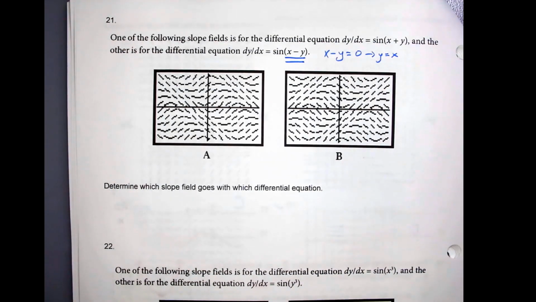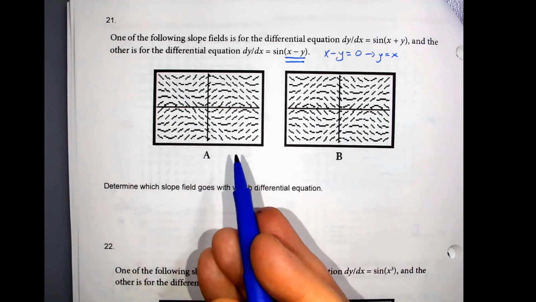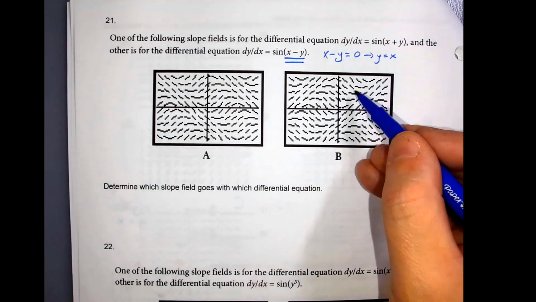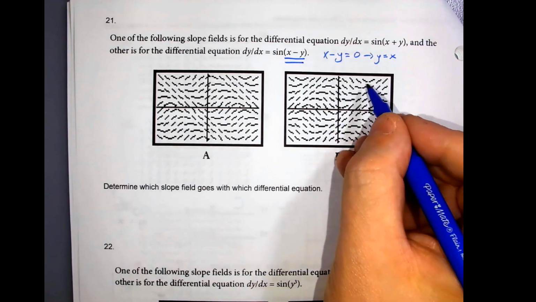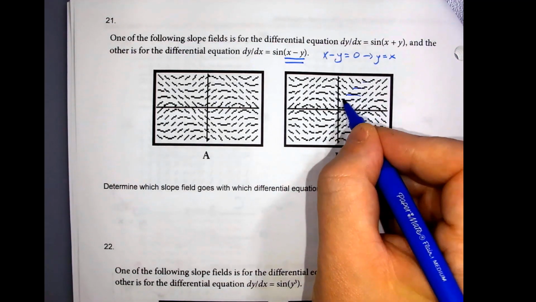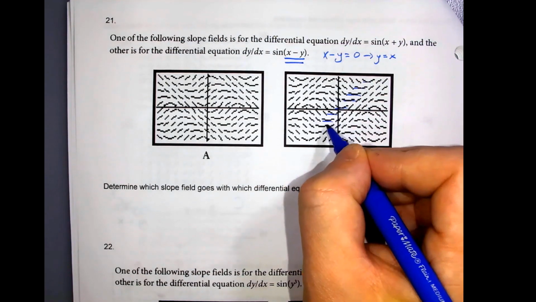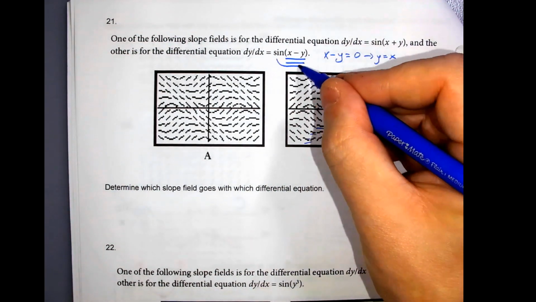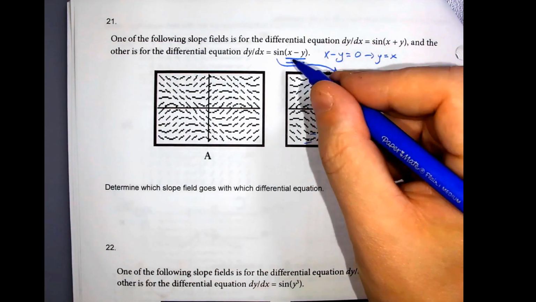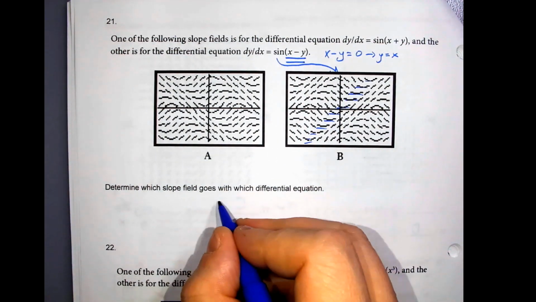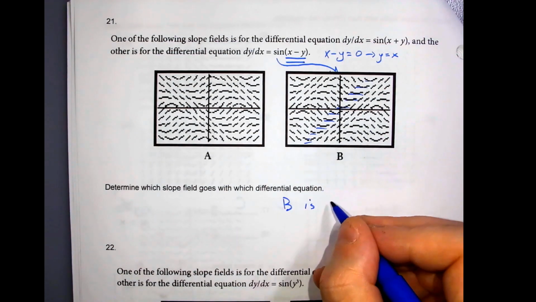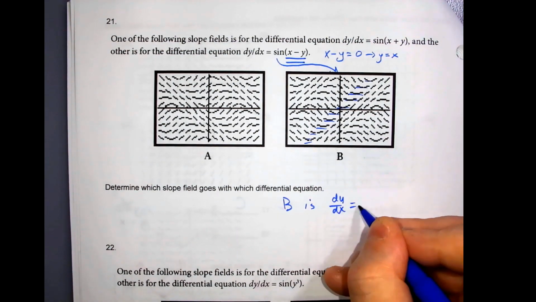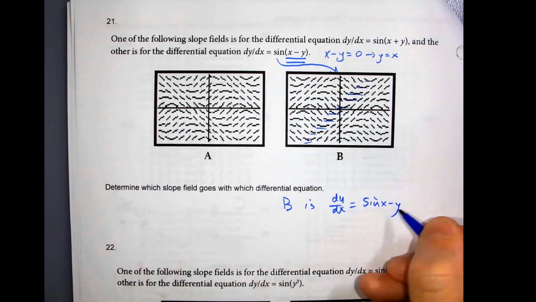So I am looking for a slope field on which the line y equals x seems to provide horizontal tangent lines. This seems to be the curve that would correspond to sine of x minus y. So I'd say B is dy/dx equals sine of x minus y.